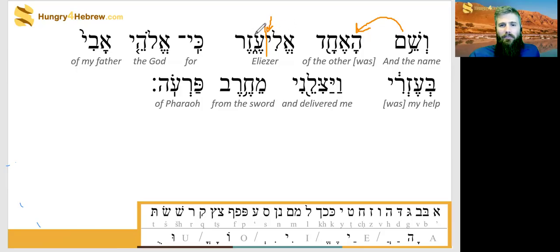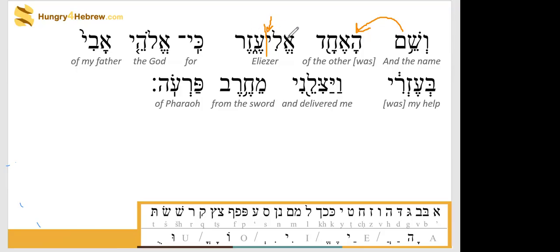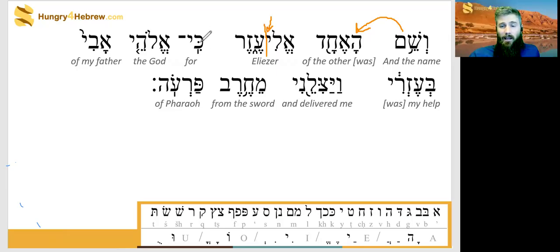My God is help or God of help or something like that. Exactly. Ki, and here we get the explanation, because Elohei Avi, the God of my father, be'ezri, in my help. That's weird. You can see how the translator fixes it. The God of my father was or is or has been my help.